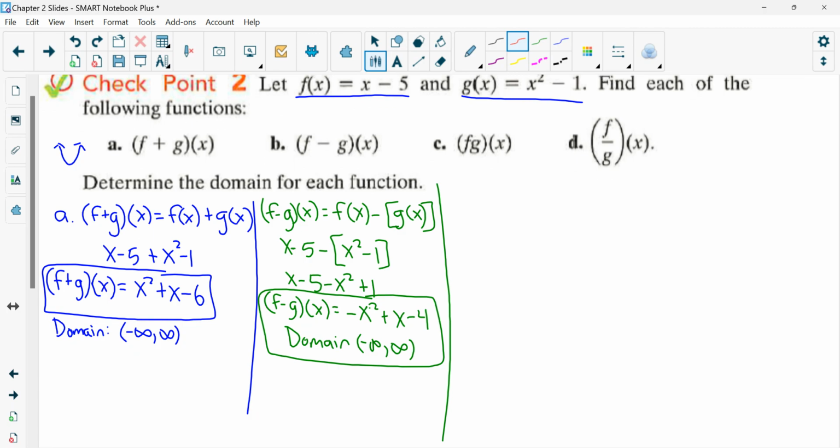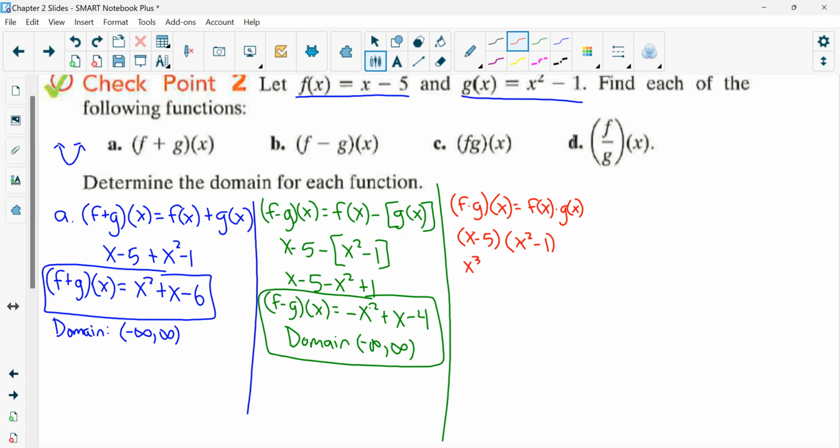All right, letter C. Now we're going to multiply the two functions. So f times g of x means we're taking f of x times g of x. So f of x is x minus 5. G of x is x squared minus 1. We are going to have to FOIL this. So when I FOIL this, x times x squared is x cubed.